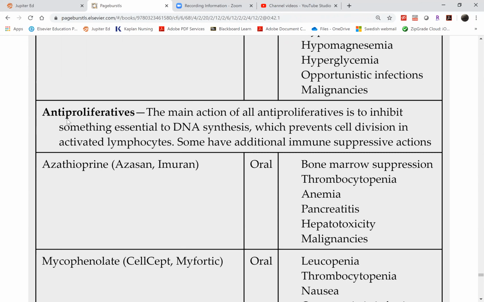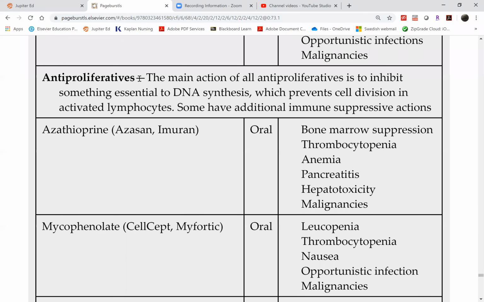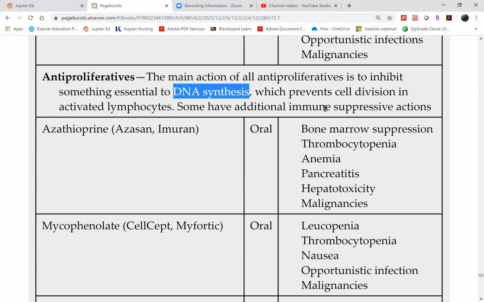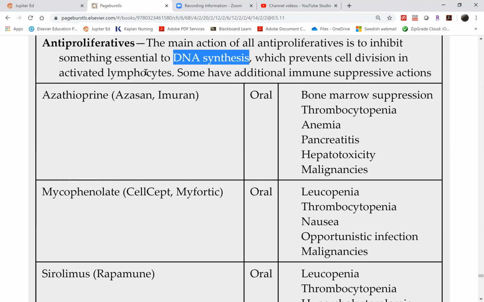So the drug is an antiproliferative, anti-proliferation. Therefore, they inhibit cell division. They interrupt cell division by inhibiting something essential to DNA synthesis. So what cells do they affect?